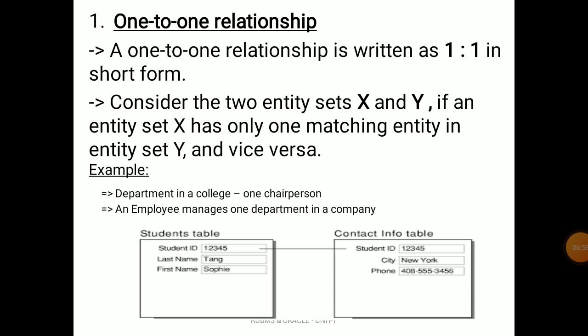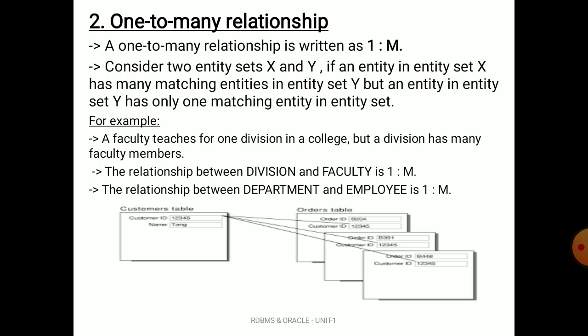Next, one-to-many relationship. A one-to-many relationship is written as 1:m, which means that now we consider two entity sets X and Y. If an entity in entity set X has many matching entities in entity set Y, but an entity in entity set Y has only one matching entity in entity set X. For example, a faculty teaches one division in a college, but a division has many faculty members.